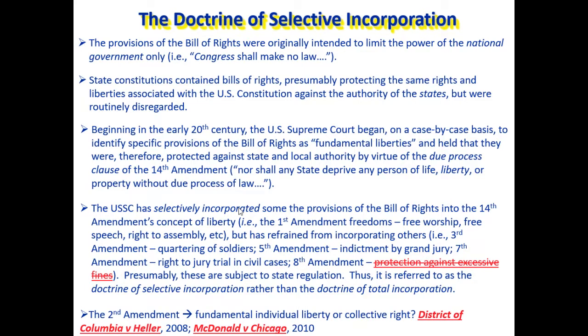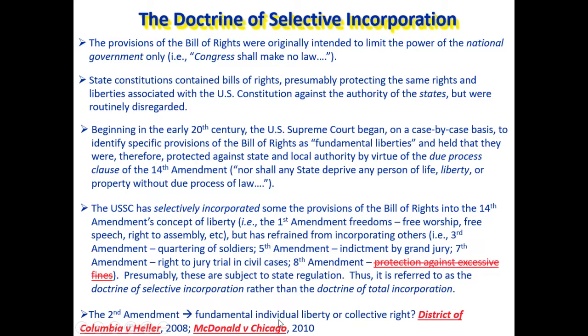You understand how any one of those specific civil liberties rights has been taken up by the court, and you can plug it in. Nor shall any state deprive any person of the right of free speech without due process of law. Nor shall any state deprive any person of the right of free worship without due process of law. Nor shall any state deprive any person of the right to counsel without due process of law.